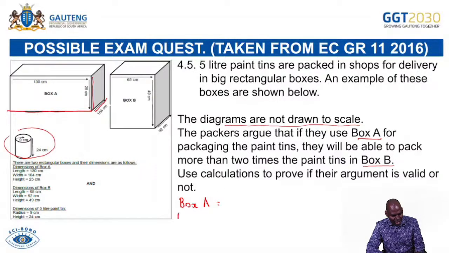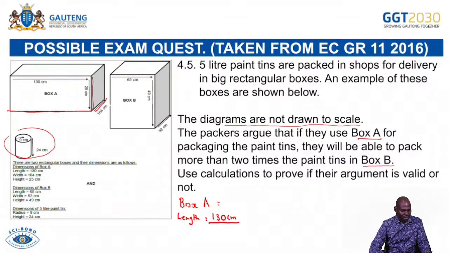For the length, I'm going to have 130 centimeters divided by, if you look at the dimensions of the tin, the radius is 9 centimeters. There it's indicated. But in this case, I'm not going to use the radius. I have to use the diameter, because it is that width or the diameter of the tin that is going to occupy that space.